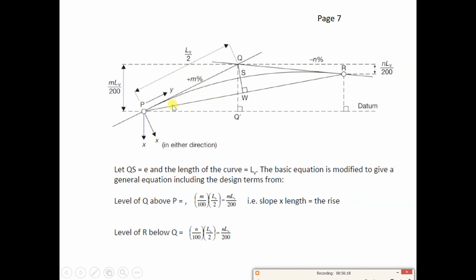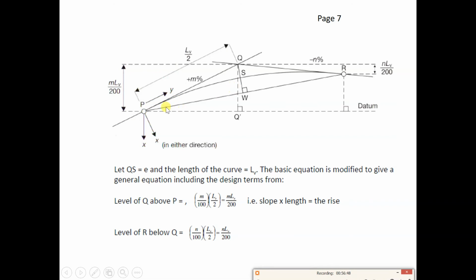This y is approximately equal to the horizontal distance, and then x is the vertical: how much it is from this line towards the parabolic curve.